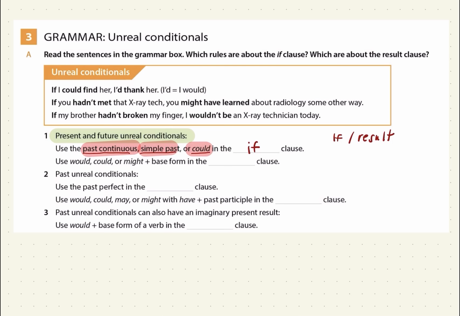The next one. Use would, could, or might plus the base form of the verb in the correct result clause. Now let's move on to past unreal conditionals.